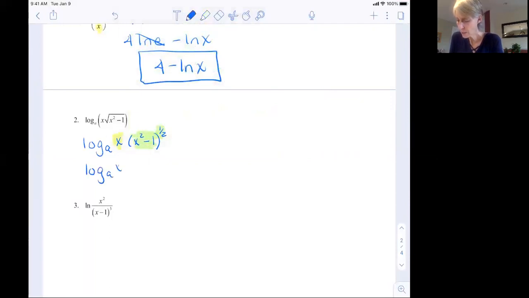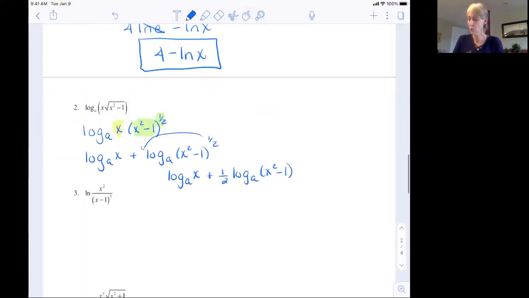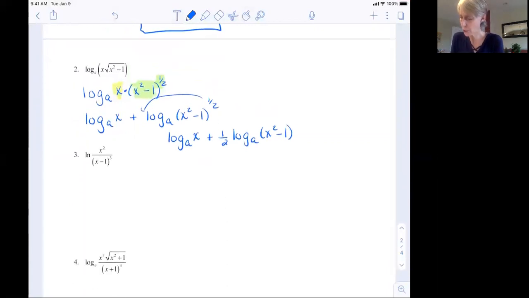Log base a of x plus log base a of x squared minus 1 to the 1/2 power. I can take one more step now and bring my power down in front: log base a of x plus 1/2 log base a of x squared minus 1. I can't do anything with that second parenthesis because there's a subtraction sign. So you're done. You're only dealing with multiplication.